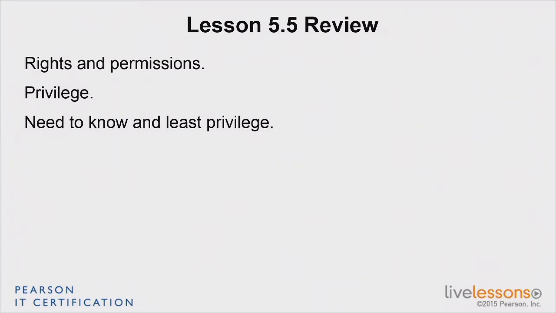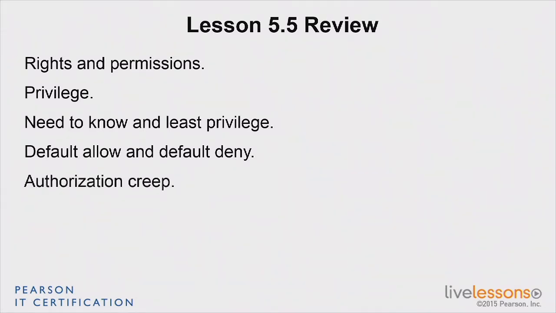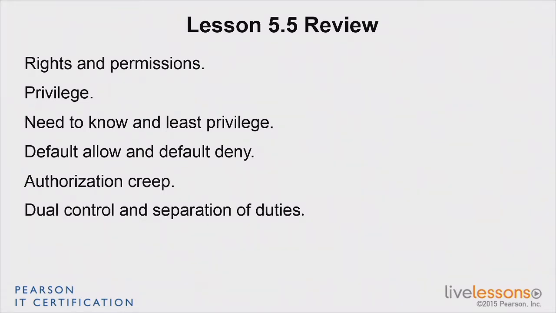We looked at the very fundamental concepts of need to know and least privilege. We looked at authorization approaches of default allow and default deny. We discussed authorization creep that can happen over time and the importance of doing user account reviews or audits to ensure that no one subject has too many rights or permissions. And we looked at dual control and separation of duties.